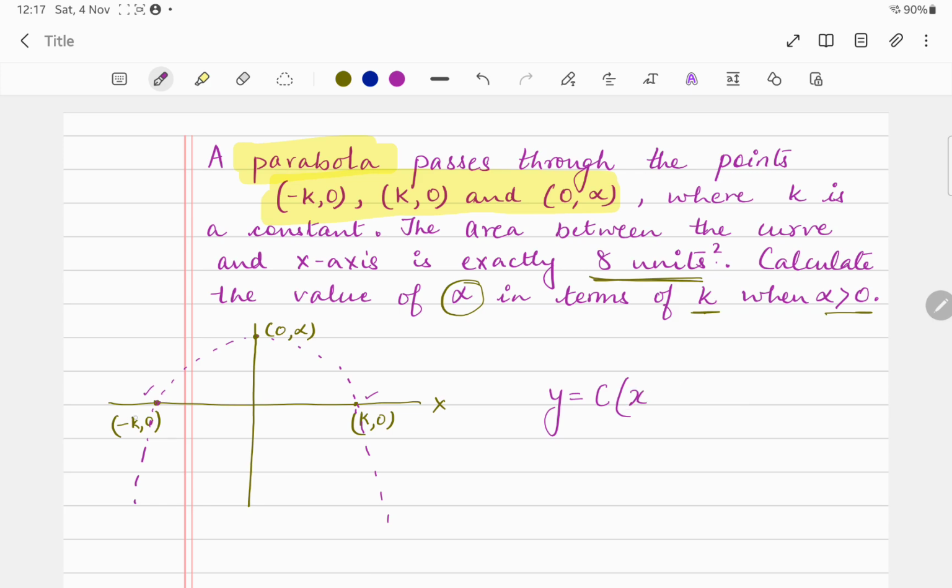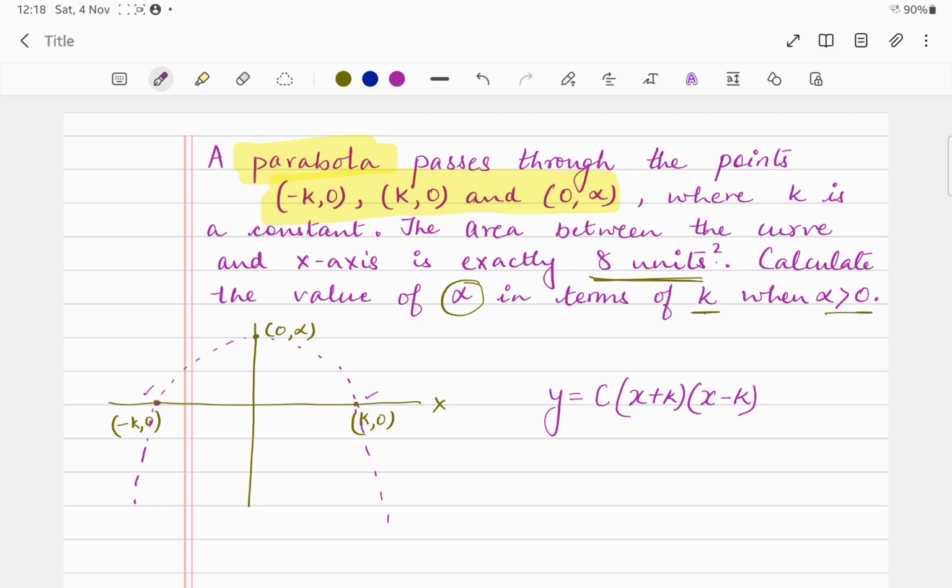So if it is x minus (-k), it becomes x plus k, and x minus the other root, which is k. So this is the general equation when we know the roots of a parabola.